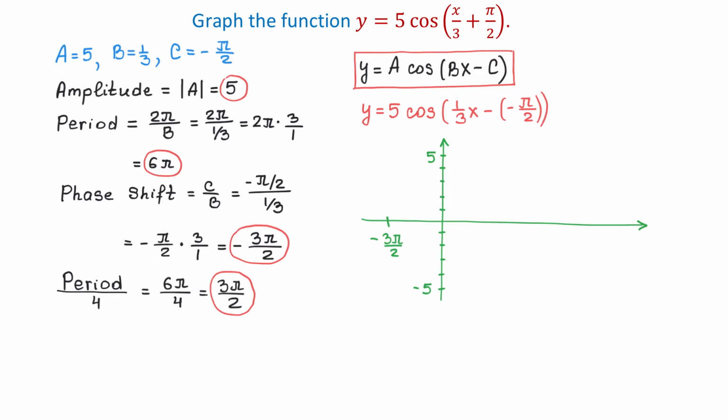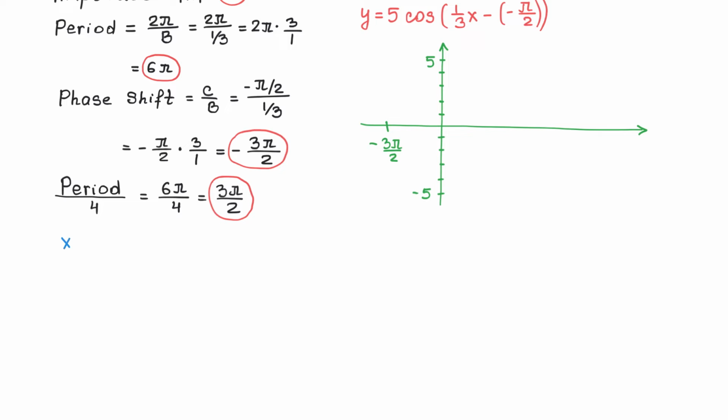Now, once we know what a quarter period is, we will find the x-coordinates of those 5 points. The first x-coordinate is negative 3 pi over 2 because that is the point where the cycle will begin. So again, the first x will be equal to negative 3 pi over 2.